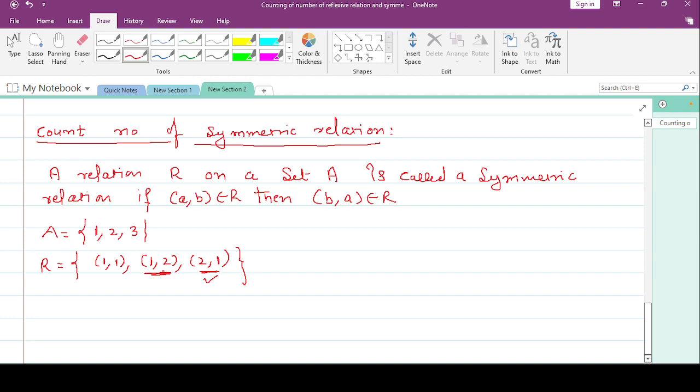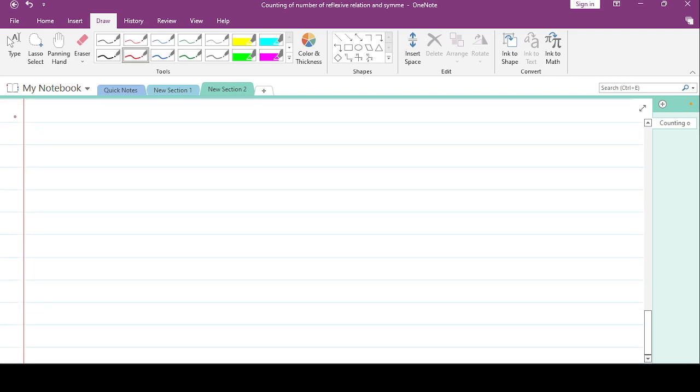This is mandatory for any relation to be symmetric. Now next we count the total number of symmetric relations.